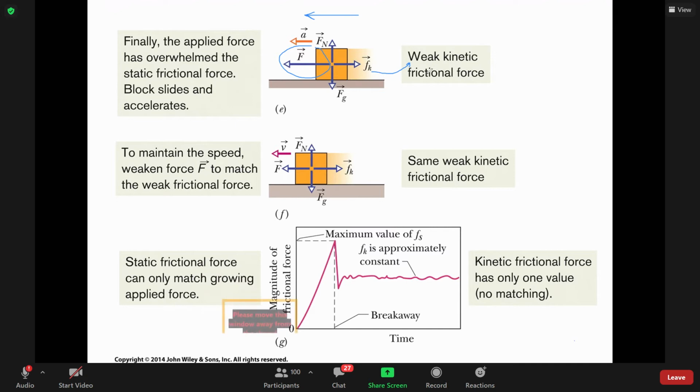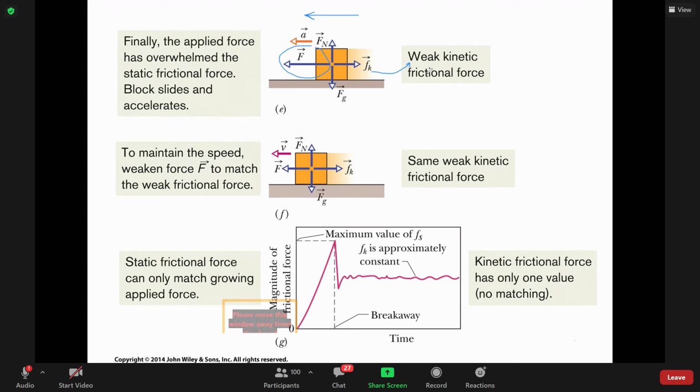So up to 4 babies, this is called Fs maximum, which means the maximum static frictional force. Beyond this, if you apply a force greater than the Fs maximum, you will manage to slide the object, and Fs will die out, becomes Fk.